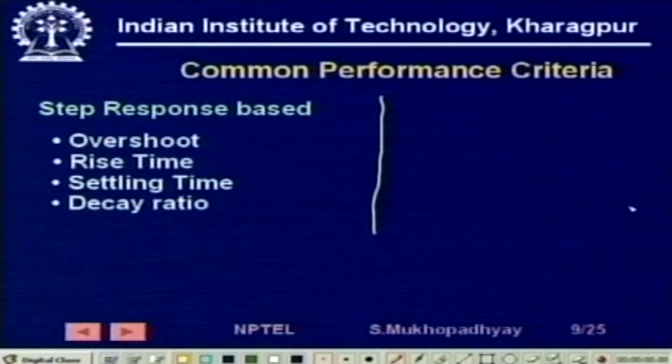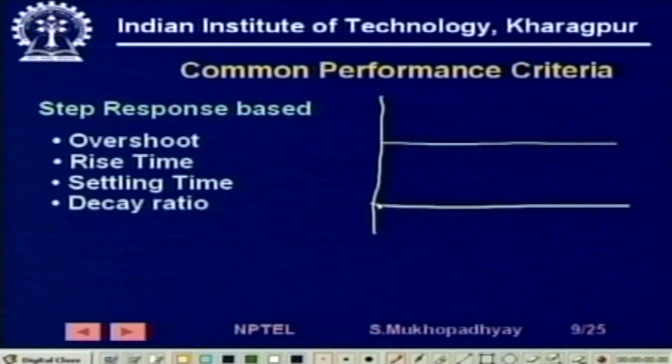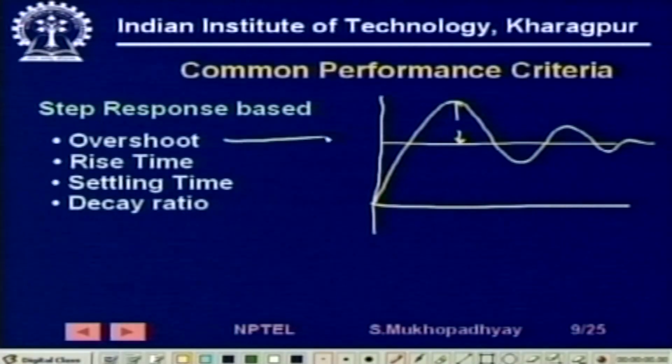Now, what is decay ratio? You see that if you have a typical step response, closed loop plants typically exhibit an underdamped response. So, our requirements may be based on terms of the overshoot, this is the first one.